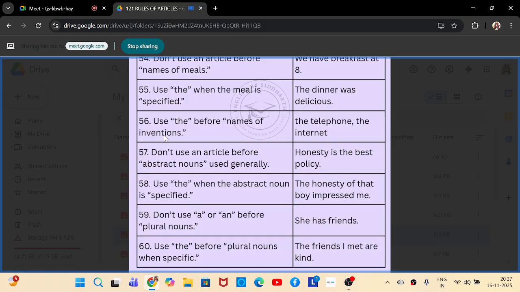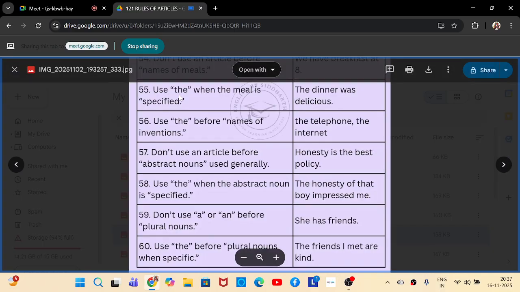Okay, we'll continue. 56th rule says use the before names of inventions. So lots of inventions were there in our country as well as internationally, right?